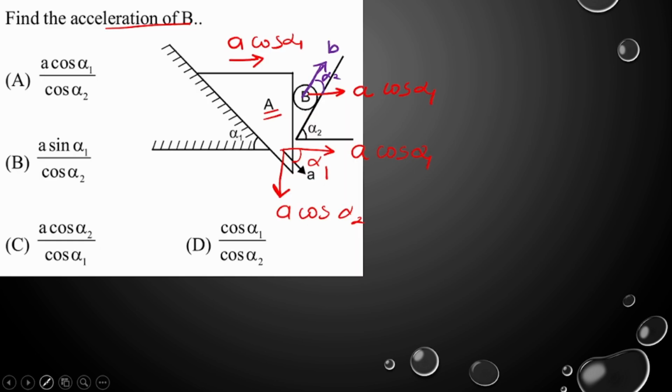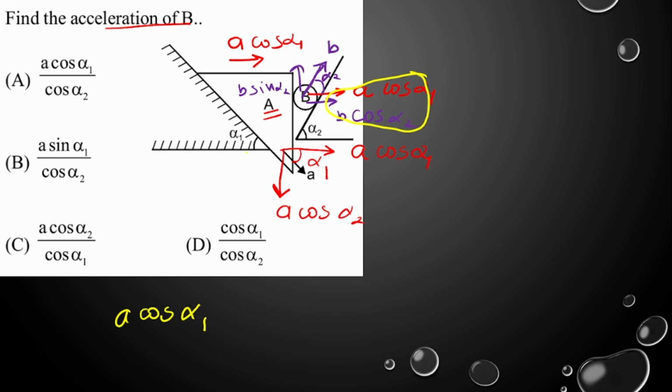This is B cos alpha 2 and this is B sin alpha 2. So can I write that A cos alpha 1, which I got from this wedge, is equal to B cos alpha 2 from this ball?